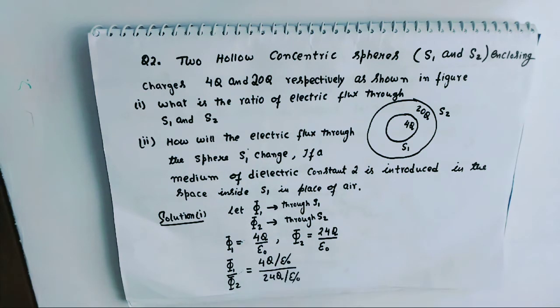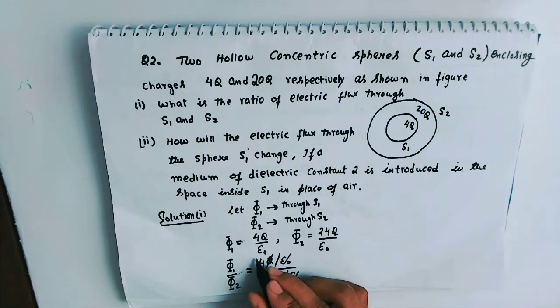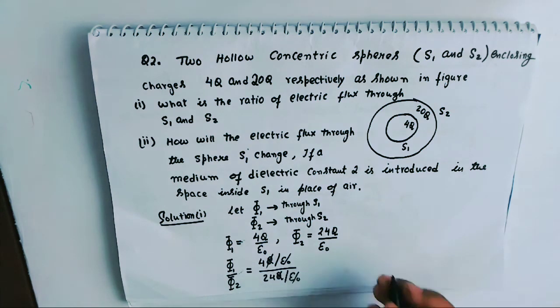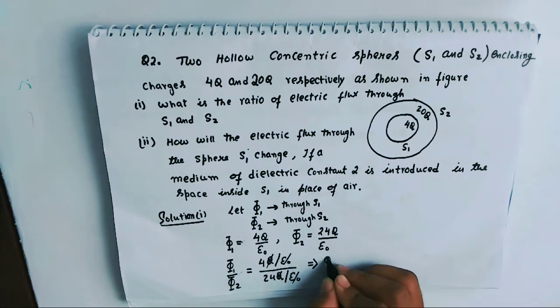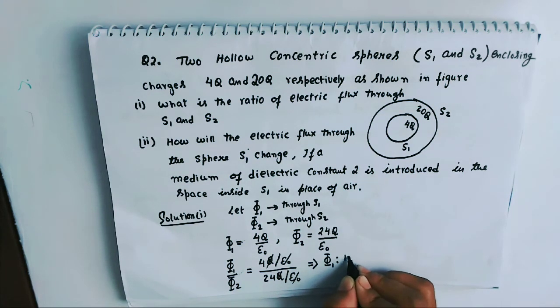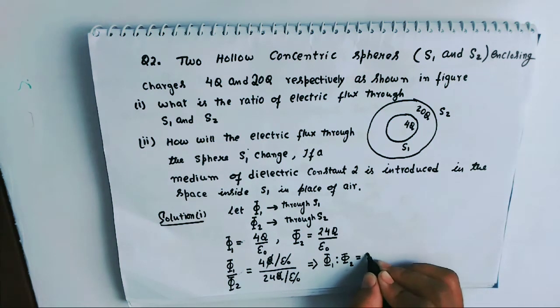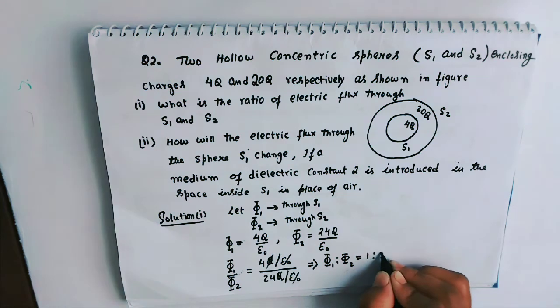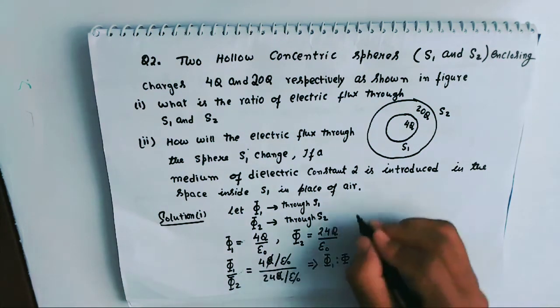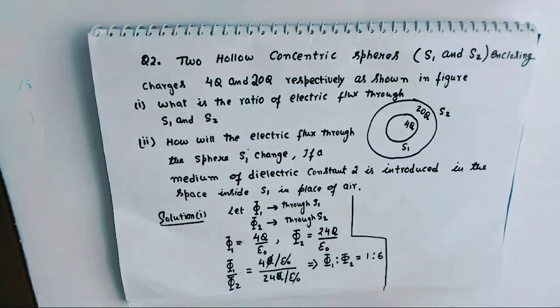Epsilon naught and epsilon naught will get cancelled. q and q will get cancelled. So 4 and 24 will get cancelled, so that is 4 into 1, 4 into 6. So this implies that phi 1 ratio phi 2 is equal to 1 is to 6. That is the first question.